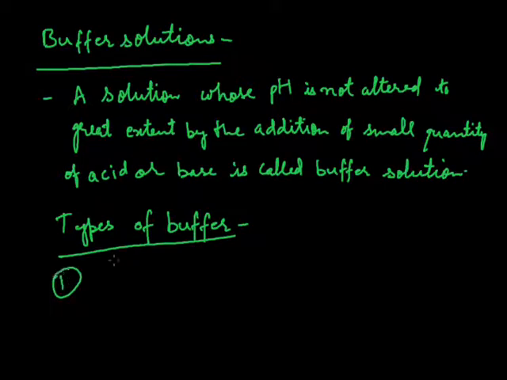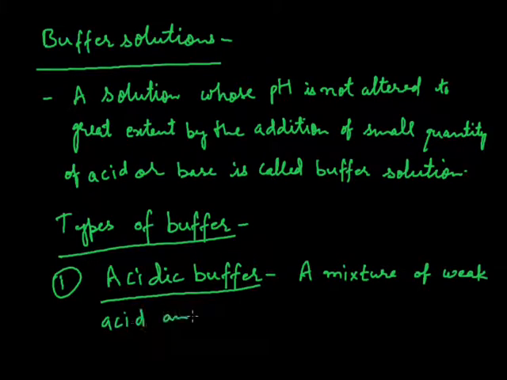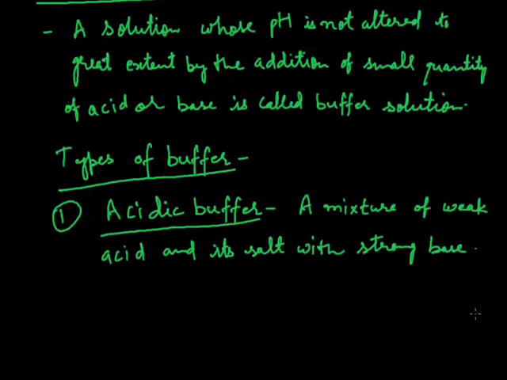One is acidic buffer. A mixture of weak acid and its salt with strong base is called acidic buffer. The example of acidic buffer is mixture of acetic acid and sodium acetate.